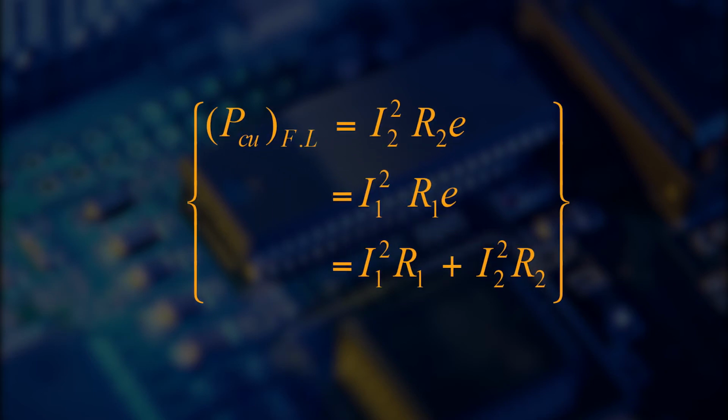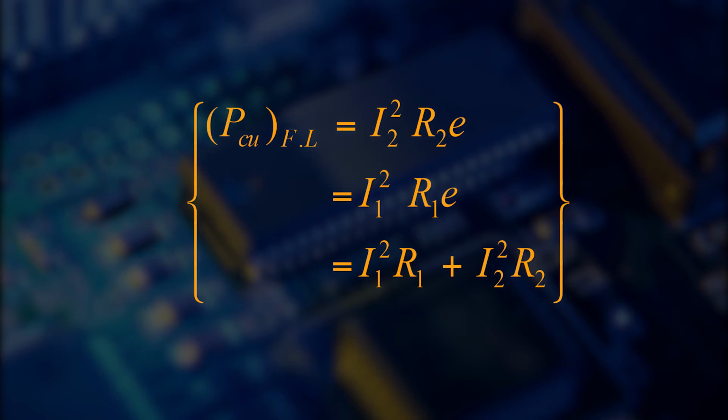So copper losses at full load can also be written as I2 square R2E, where R2E is the resistance of the winding referred to the secondary side. If you want to calculate the copper losses when resistance is referred to the primary side, then it can be written as copper losses at full load is equal to I1 square R1E. If you want to write them separately, then copper losses can also be written as I1 square R1 plus I2 square R2.